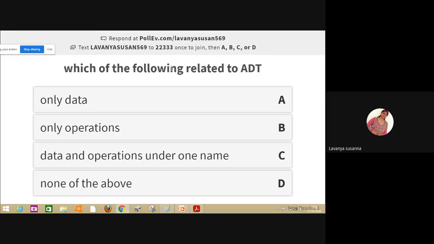Which of the following is related to ADT? I just explained it. I am giving one minute. Everyone has to answer. Just click the answer only once. Please respond quickly. I will see the responses also.